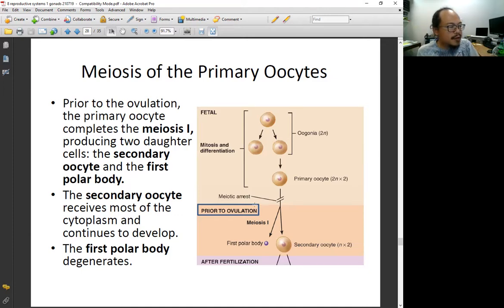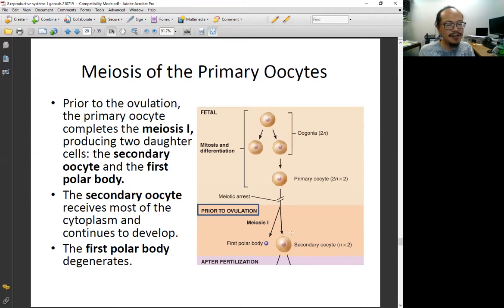Right before the ovulation, it will complete meiosis stage 1. So the primary oocyte will finally divide into the secondary oocyte and the first polar body. That primary oocyte will complete its first division to form 2 daughter cells right before the ovulation.